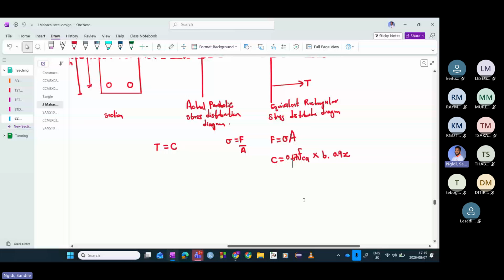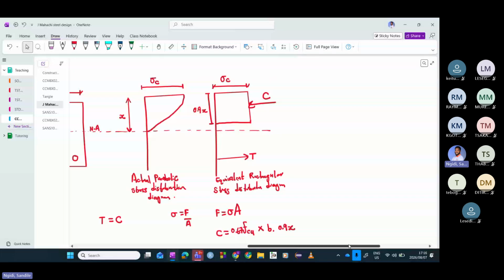Another thing that we can do with this normal concrete is take moments. And remember, we can choose the line of action where we are taking moments. So we can take moments about that force there, which is T, or we can take moments about that force there, which is C. It's really up to us where we want to take those moments.